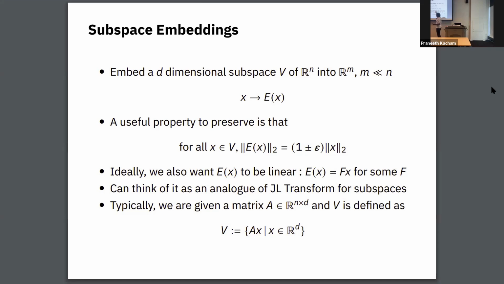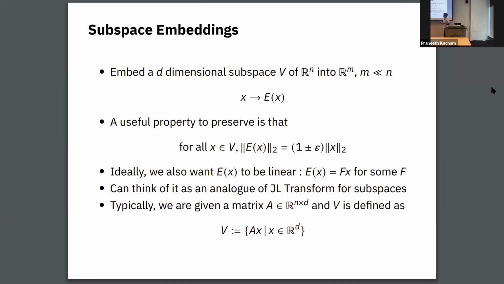The property you want to preserve is that you consider the Euclidean norm of the original vector x, and the Euclidean norm of the embedded vector E(x). You want the Euclidean norm of the embedded vector to be close to the Euclidean norm of the original vector for all vectors in the subspace V. And for this talk, we only consider linear subspace embeddings, that is, E(x) is F times x for every vector x.